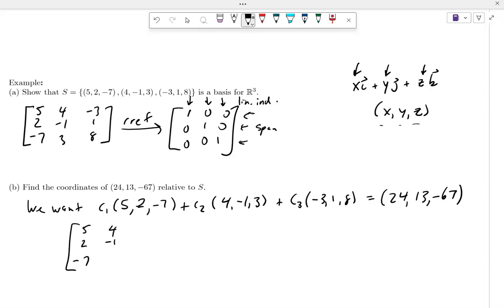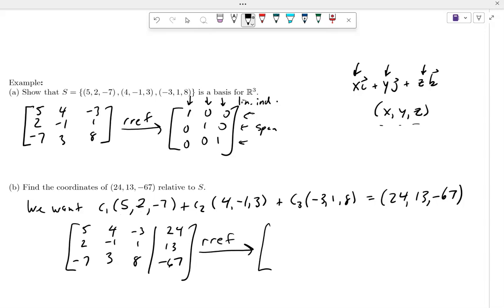Your second vector will go down the second column. Third one will go down the third column. And then we augment with the other one. Again, that's because the 5, the 2, the -7 are all the coefficients of the c1, right? Same thing for the next one for the c2 and so on down the line.